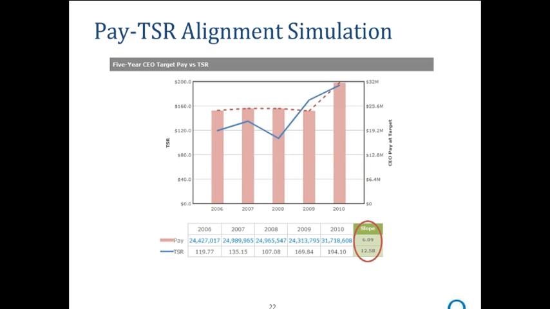The option valuation methodology can be somewhat tricky, not from understanding what the assumptions are, but from actually getting the numbers themselves. To help our clients, as I've mentioned previously, we've been building these simulations into our products. As an example here, you can see the 5-year CEO target pay versus TSR. You'll notice you've got some numbers below, and then we've been providing slopes.